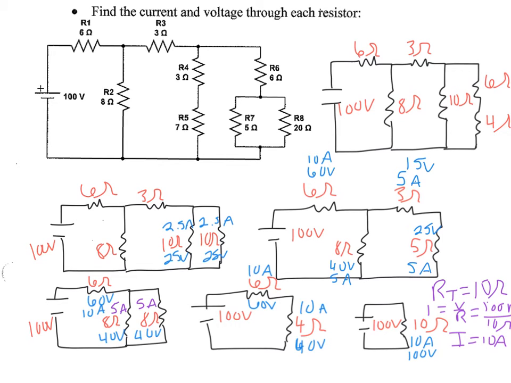The 3 ohm resistor is the same. So this is 15 volts and 5 amps. Again, checking the current rules, you had 5 amps going into this junction, split into 2.5 and 2.5. My 6 ohms is still 60 volts and 10 amps. My 8 ohm is 40 volts and 5 amps.